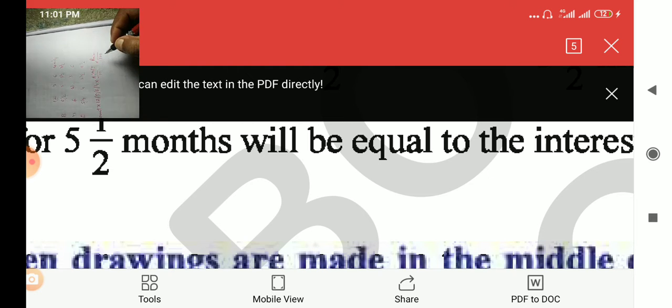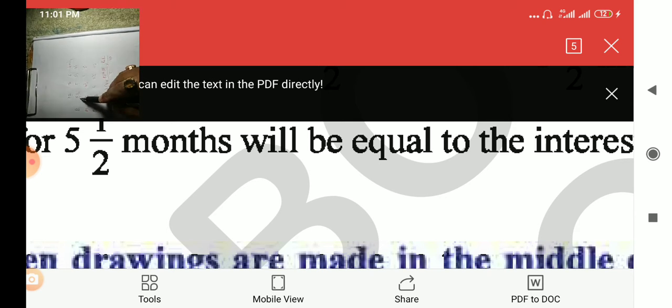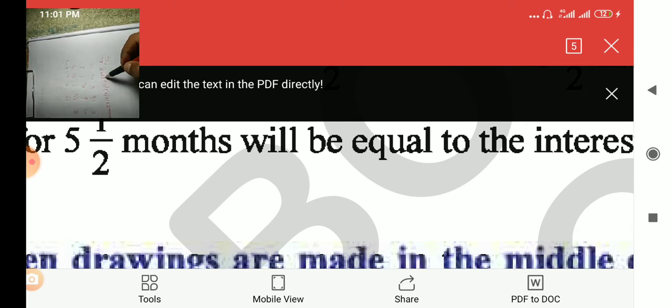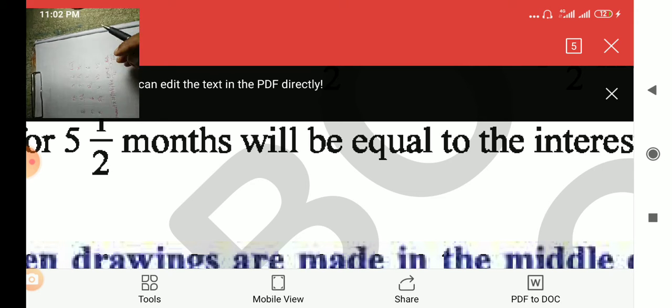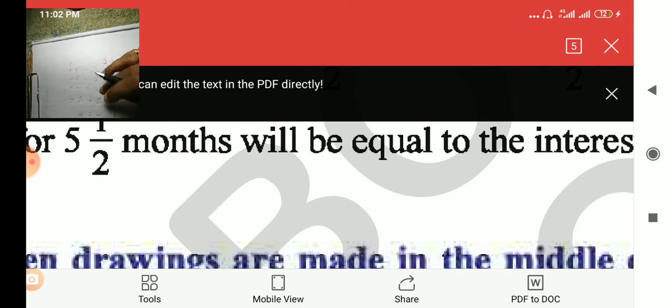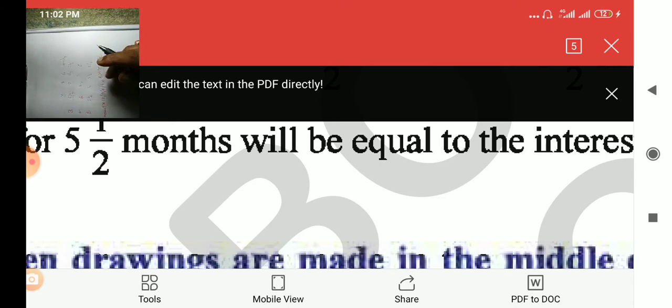Here, if 12 month and beginning, then 6.5. 9 month beginning 5. 9 month end 4. Okay, in this way we are taking things, and in this way we can easily calculate the interest on drawing.